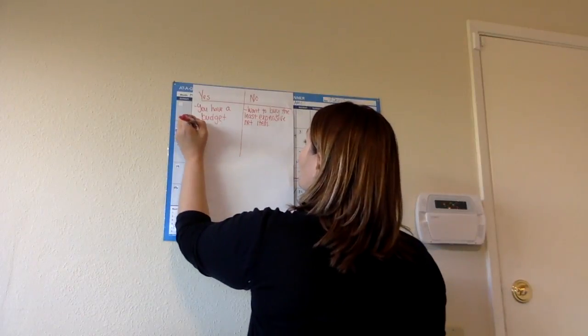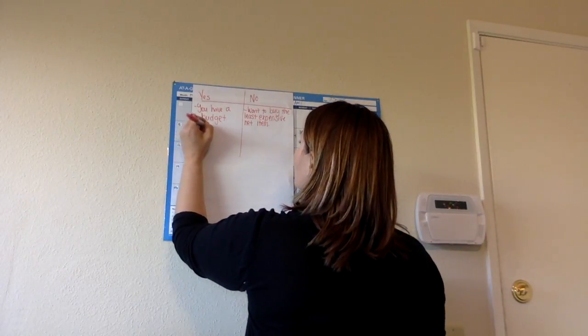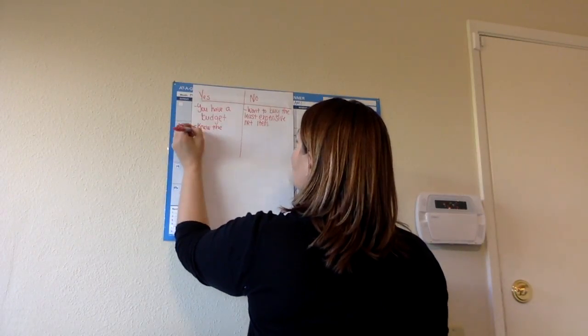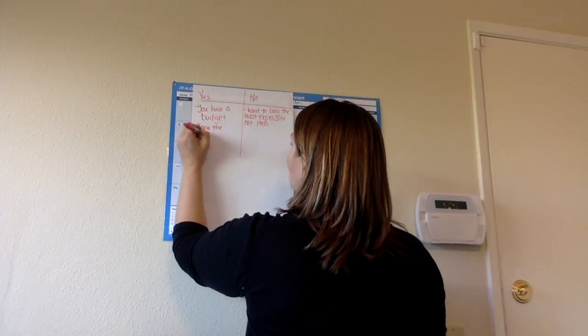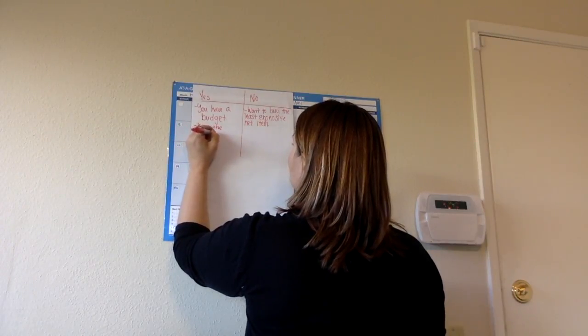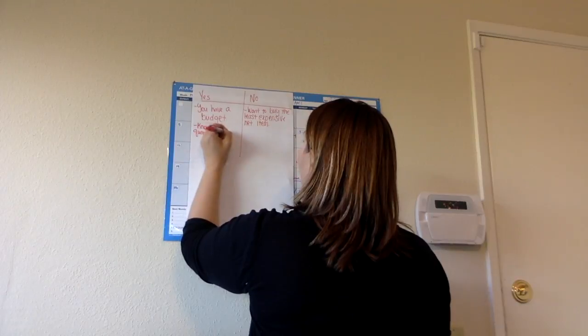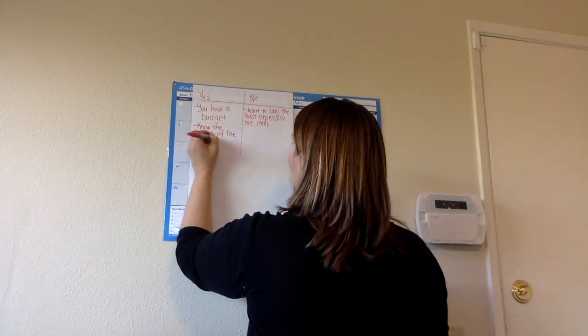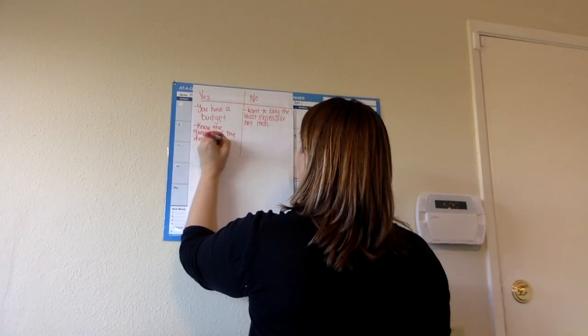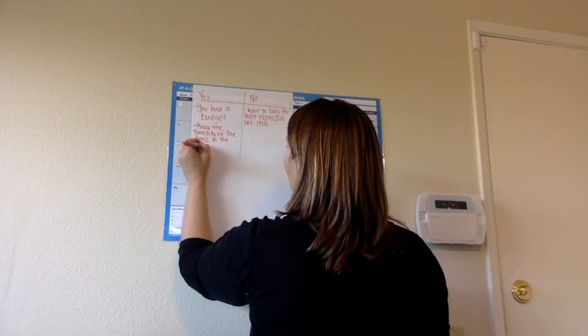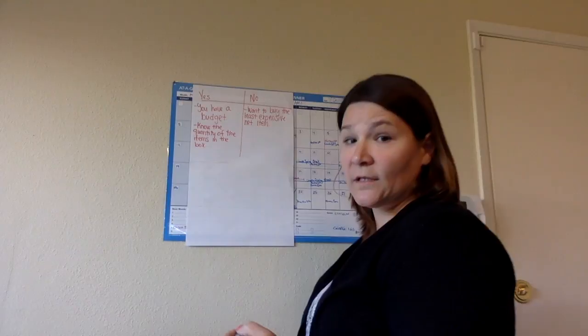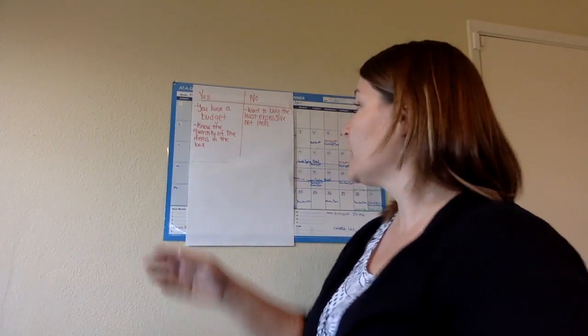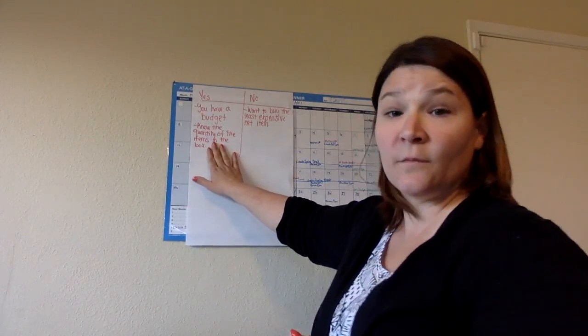So you know the quantity of the items in the box. Okay, so there's another yes example. You know the quantity of the items in the box, so you are able to do this skill.